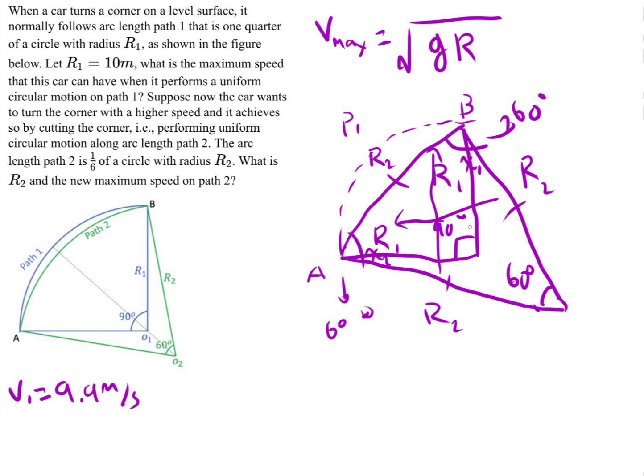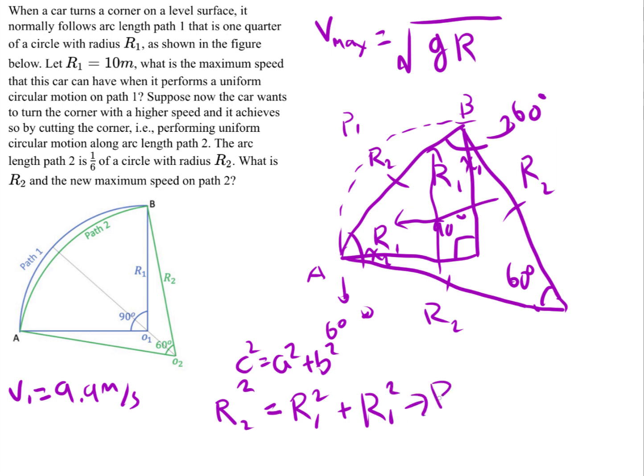And that's R2. Now if we look at the first triangle, we'll notice that we have a right triangle, so we can use the Pythagorean theorem: c squared equals a squared plus b squared. In this case, c is R2, the radius 2 that we just found, and it squared must be equal to a squared, which is R1 squared, plus b squared, which is also R1 squared. So R2 is going to be the square root of 2 times R1 squared.